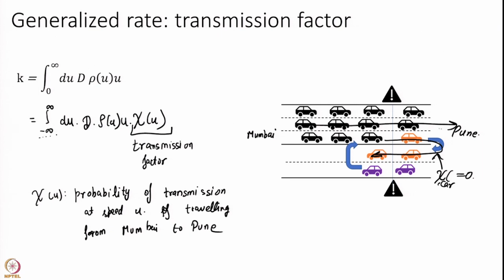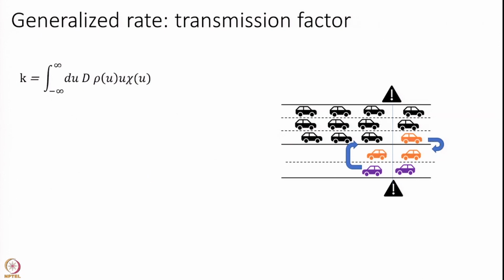For this particular car, chi will be 1. That is the essential idea. So, I have multiplied by chi, we have made some progress. How to calculate chi is a different business, but we are making the formula more general. We are trying to get to the most general formula I can write.